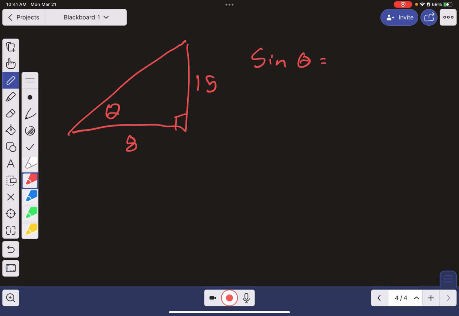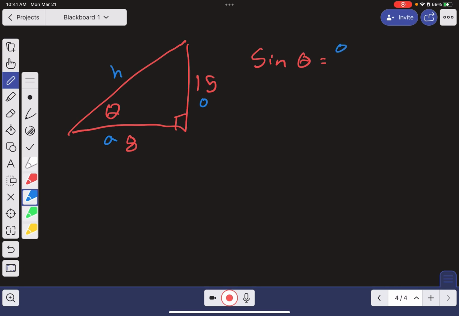Well, if we think about what sine is, opposite over hypotenuse. And if I label what I have, which one's adjacent? What's 8? This is the adjacent. What's 15? Opposite. I don't know the length of the hypotenuse.